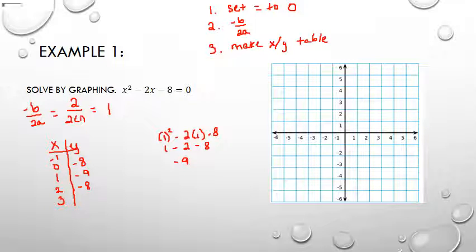Let's plug in 3. Okay, so 9 minus 6 gives me 3. 3 minus 8 gives me negative 5.